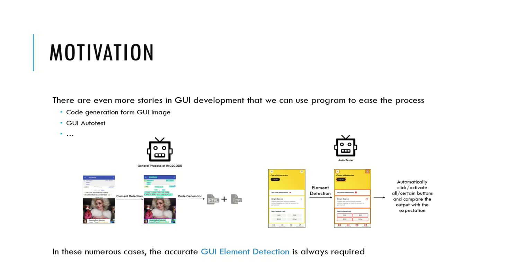Among them, a common need is the accurate GUI element detection. For example, the image code application needs to detect the position and shape of the GUI elements for generating the code. And the auto tester also needs to first detect where the target elements are before actually testing them.